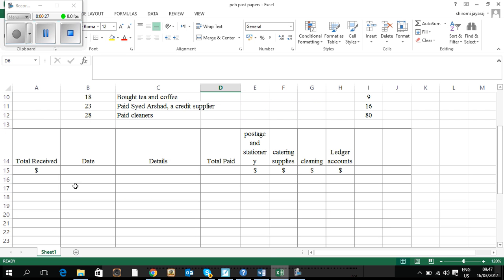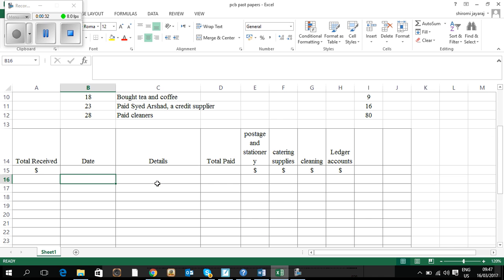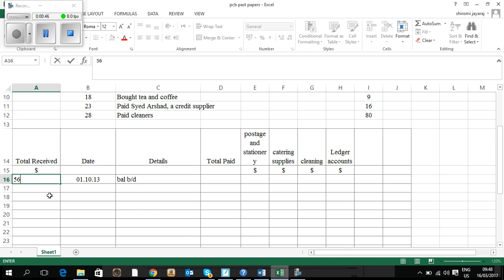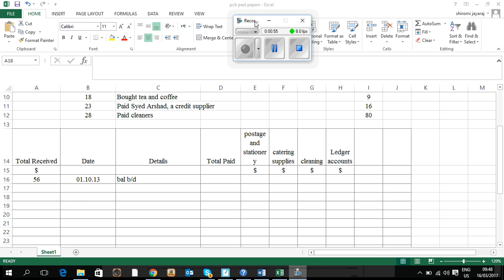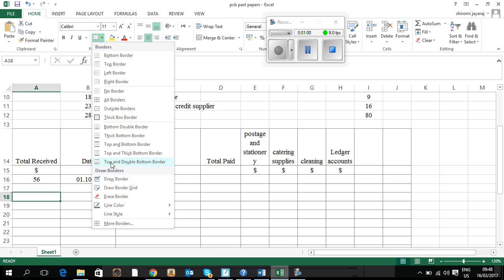So first entry, set the date as at 1st of October 2013, 1/10/2013, detail column, balance brought down. She had a remaining balance of 56 after spending for the last month. Then the reimbursement from the main cashier would be 200.